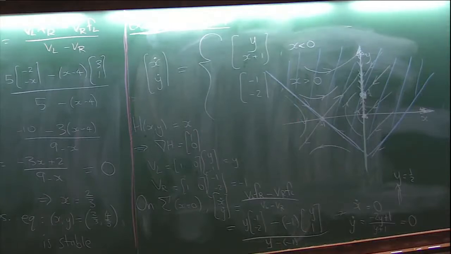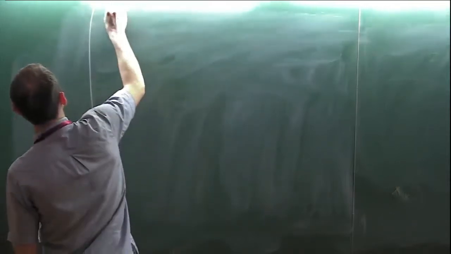Okay, so last thing for today is we'll look at boundary equilibrium bifurcations. So what is a boundary equilibrium bifurcation? Okay, so we have a piecewise smooth ODE system.